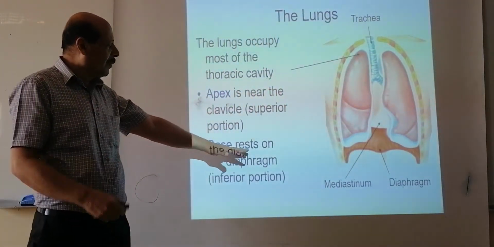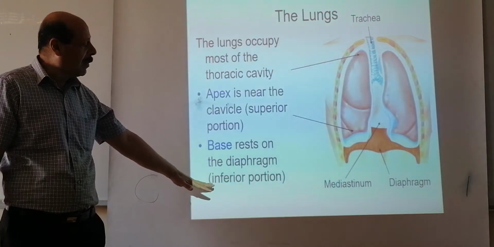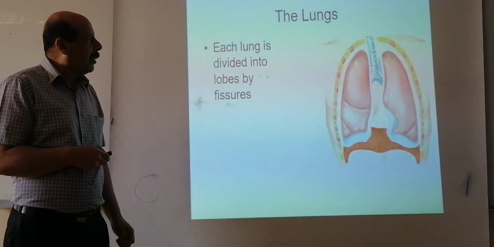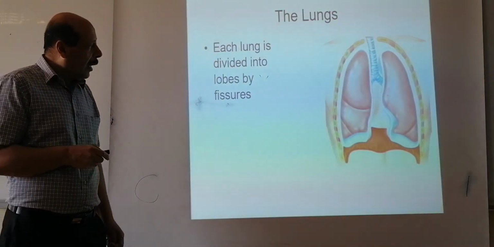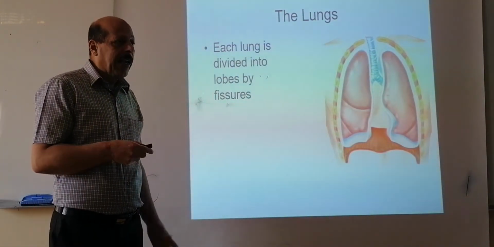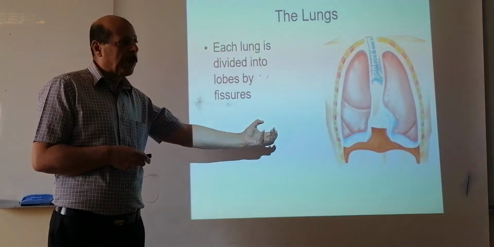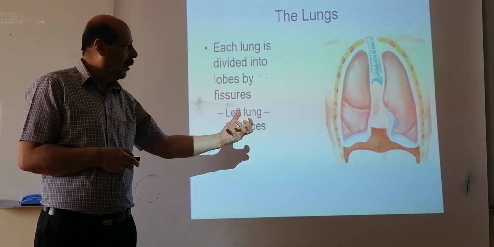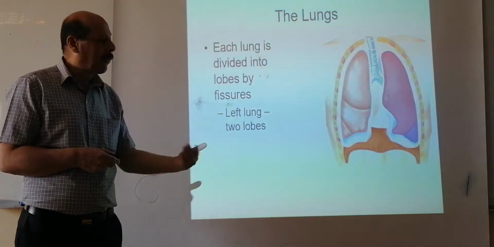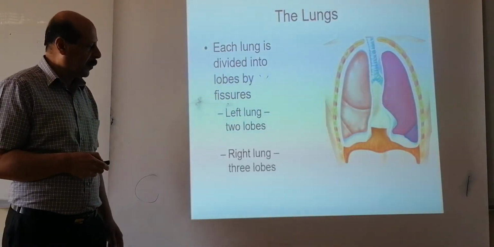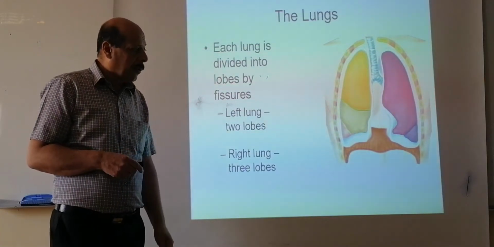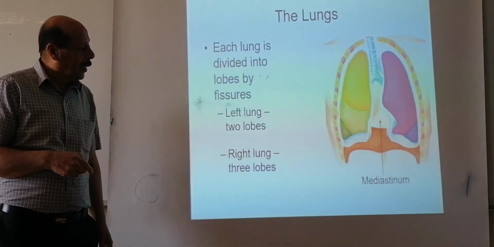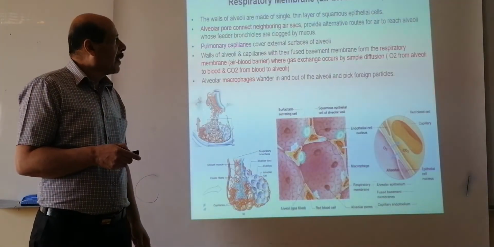The base rests on the diaphragm, the inferior portion. Each lung is divided into lobes: the right lung is divided into 3 lobes, and the left lung is divided into 2 lobes. So this is the division of the lungs, and this is the mediastinum.